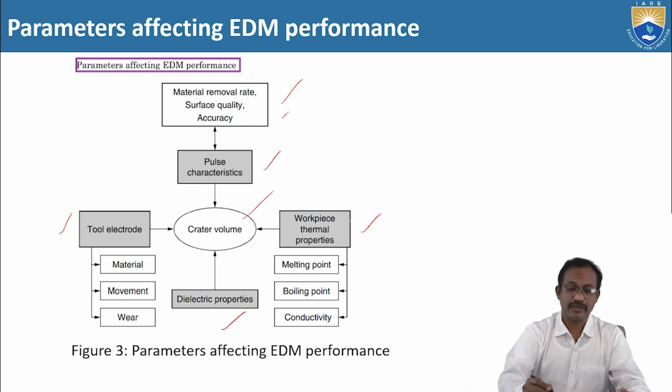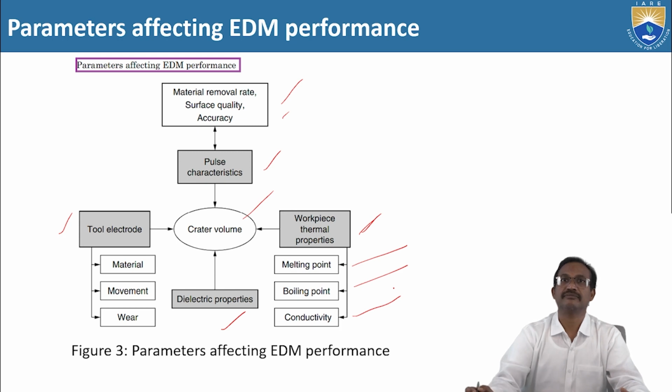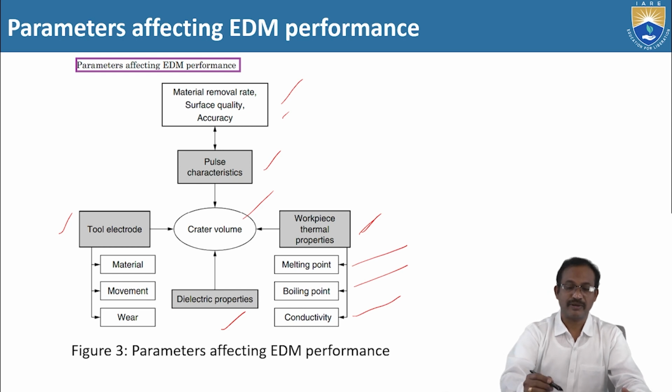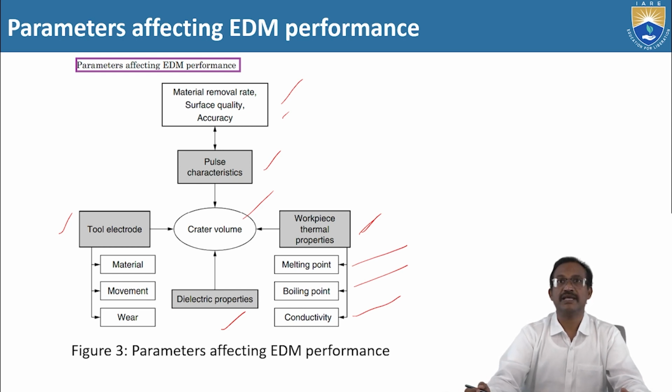Under workpiece thermal properties: melting point, boiling point, and conductivity. These three parameters come from the workpiece thermal properties.